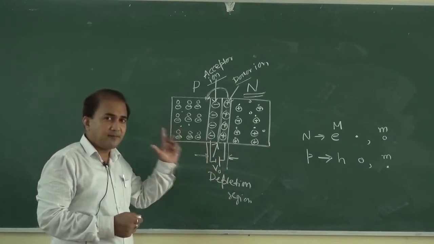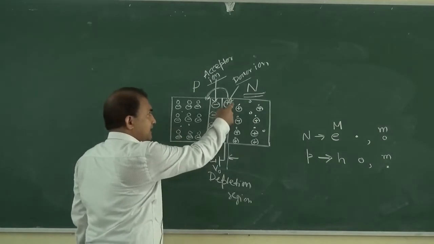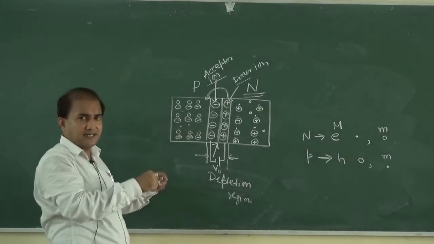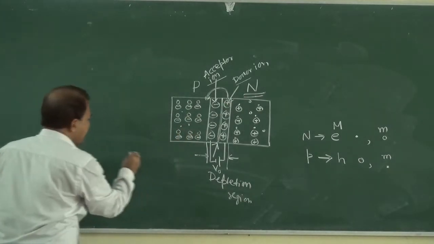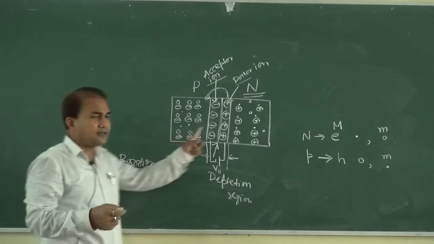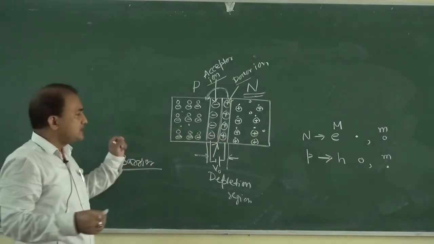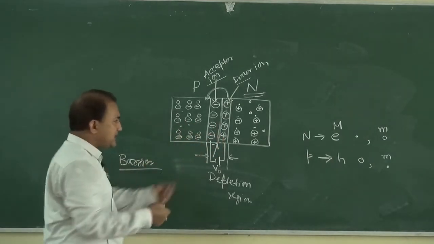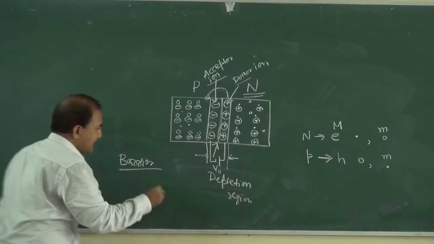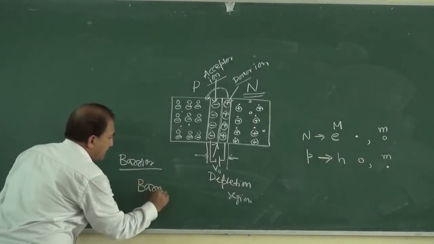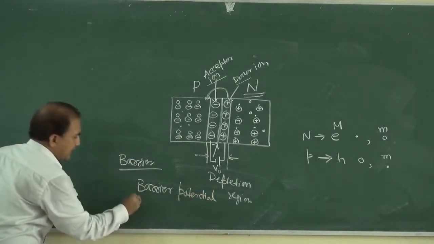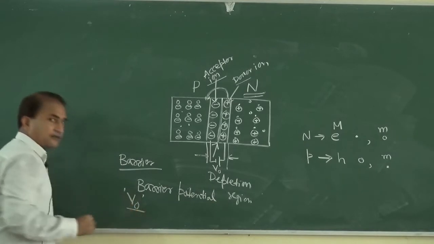Because of the creation of the depletion region, the electrons will not move from n side to p side any further. It provides a barrier to the carriers. The potential difference that is created due to this is known as the barrier potential, and it is represented as V0.